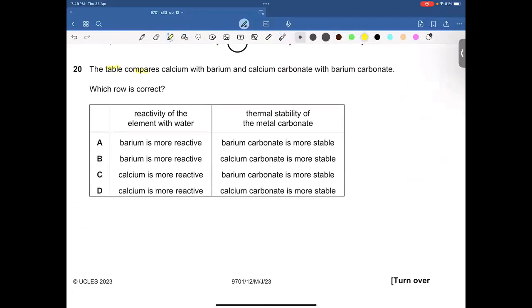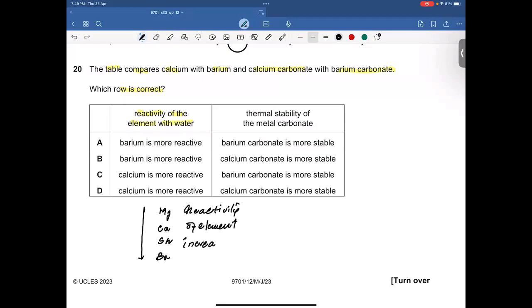Question number 20. The table compares calcium and barium, and calcium carbonate with barium carbonate. Which row is correct? Reactivity of the elements with water. We know that down the group, reactivity of the element with water increases.